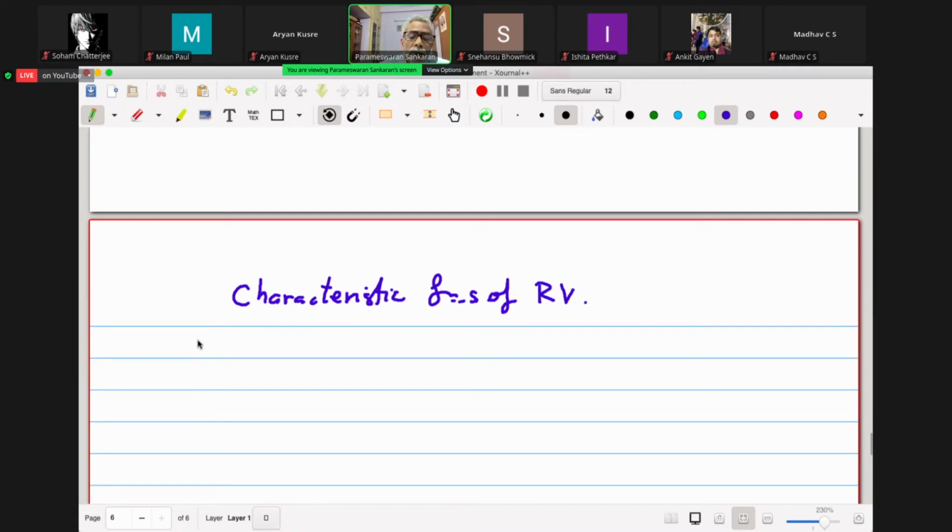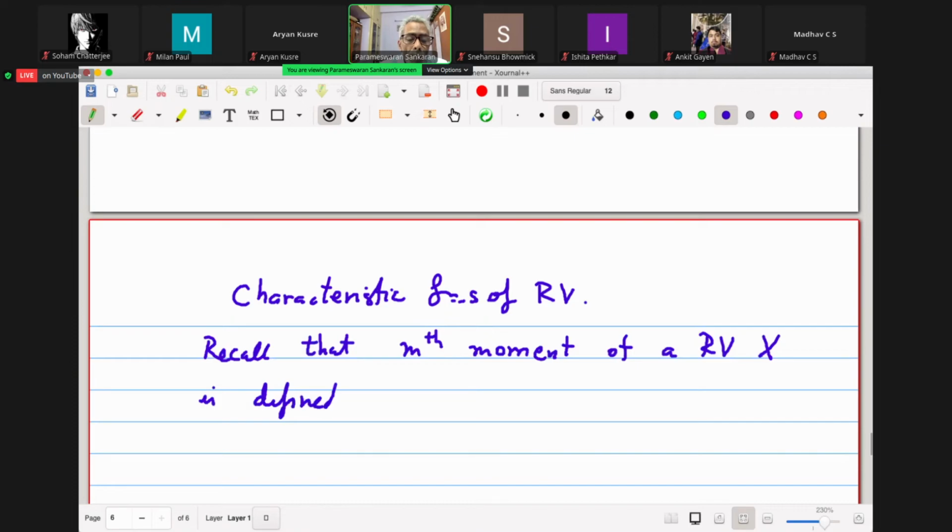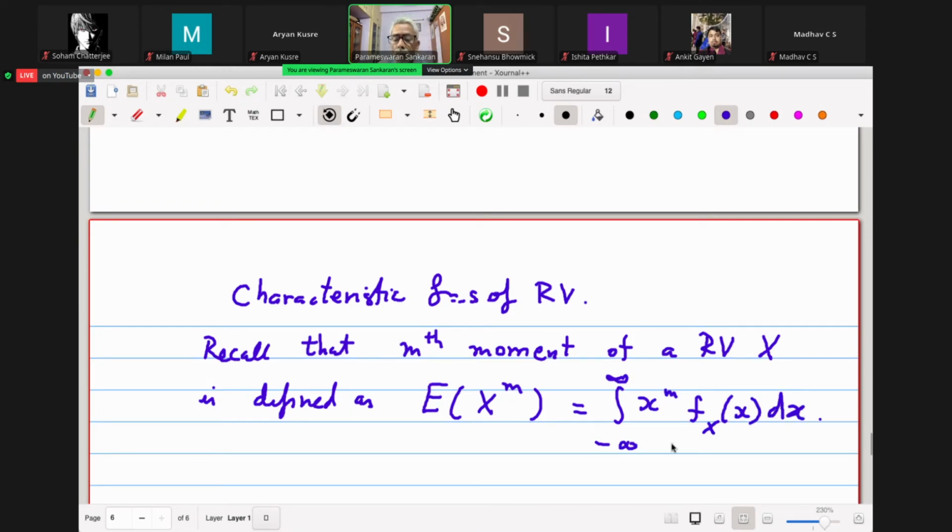So as a prelude to that, recall that the mth moment of a random variable X is defined as the expectation of X^m, which is the integral from minus infinity to infinity of x^m fX(x) dx.